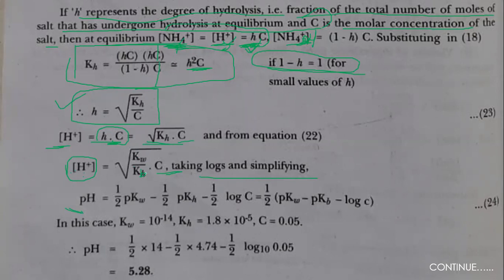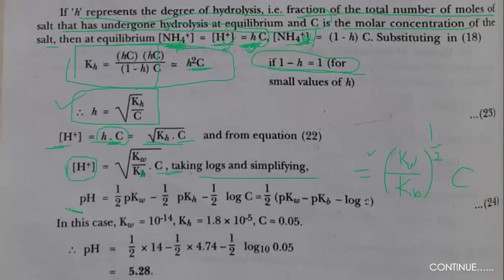Okay, so you can write this value like this: Kw upon Kb, listen carefully, this is known to you, raised to 1/2, into C. You can take the negative log of this also.